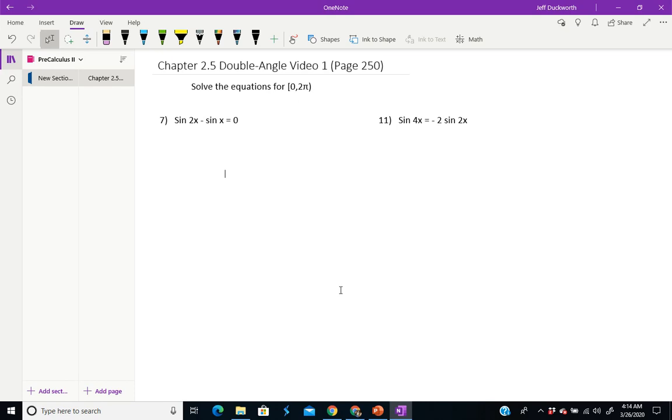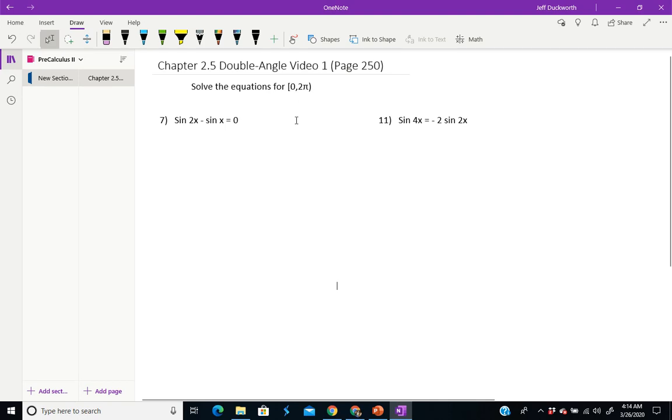Okay, so we have our first double angle one there on the left. So we have this sine of 2x here. What we're going to do is rewrite this using that first formula so that we can get something that's a product of just sine of x and cosine of x and go from there. And this will be a general trick for this.